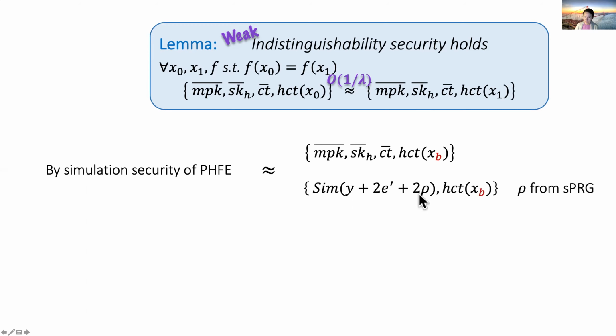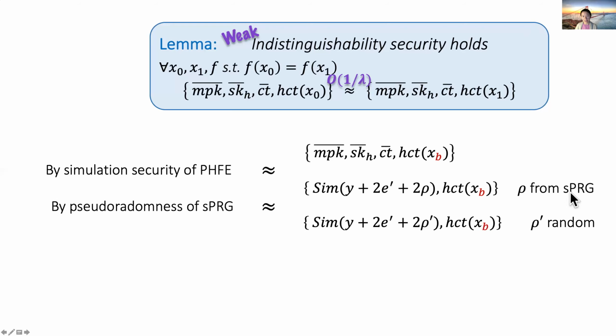And here, inside the output, the smudge noise rho is generated using the structured seed PRG. So next, by the pseudo-randomness of the structured seed PRG, we can swap these smudge noise to truly random ones in an indistinguishable way.